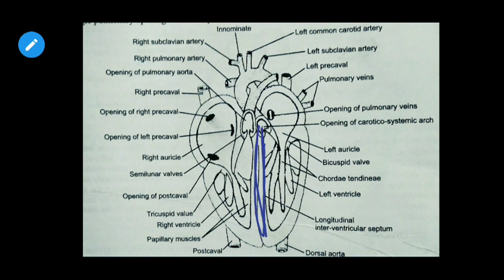The inner surface of the ventricular wall bears numerous irregular muscles, that is columnae carneae. The free ends of the bicuspid and tricuspid valves are attached to columnae carneae.